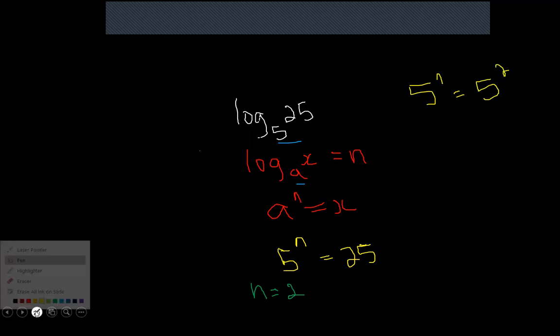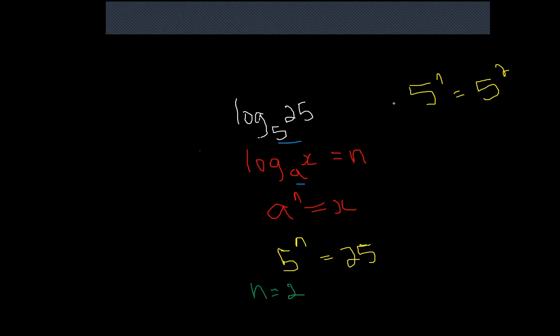And now we can equate the indices. Remember, we did this when we were doing exponential equations. I have the same base now, so I can equate the indices. What do I mean by equate the indices? I just put n is equal to 2. So the answer, n is equal to 2. That's correct. So good job.